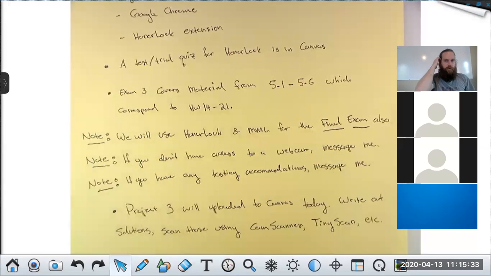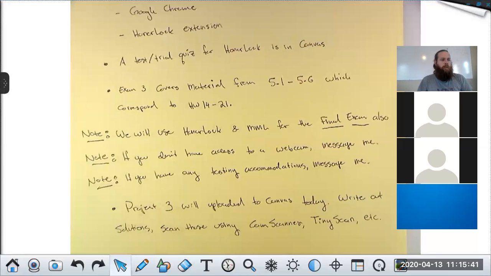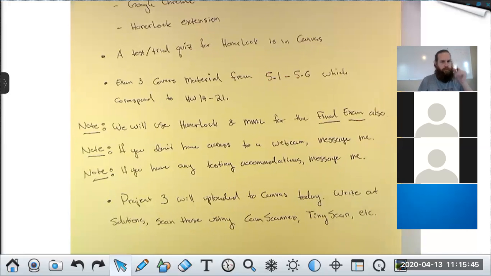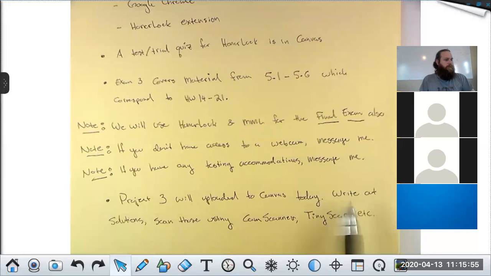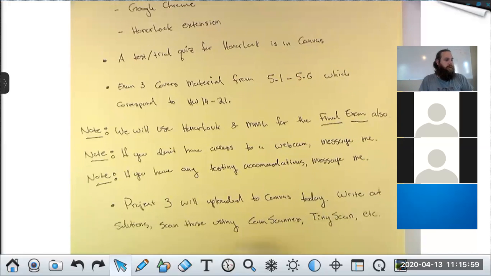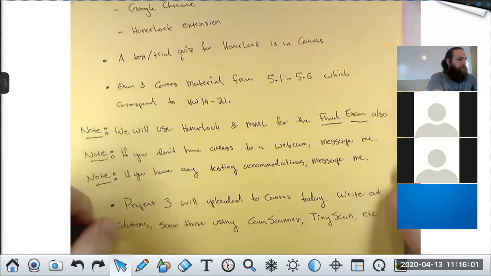Just look in your app store. I use Android stuff, so I know CamScanner for Android is really good. TinyScan works reasonably well. I'm not sure if either of these are free for everybody. I got a free version of this due to the coronavirus. They're being nice. But search in your app store, find a high-rated scanner app that is free. Write out your solutions to the project on paper, scan them using one of these apps, and then submit those scans.